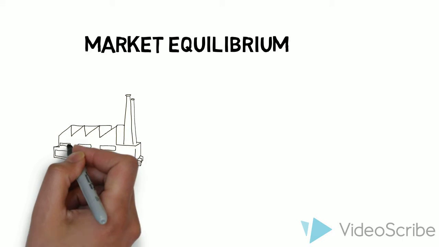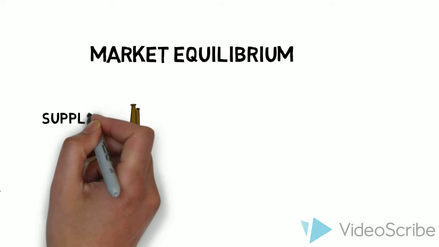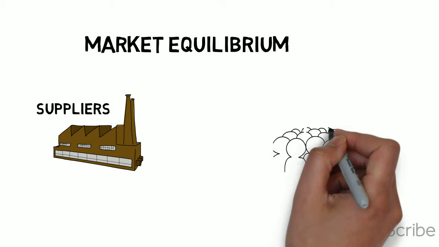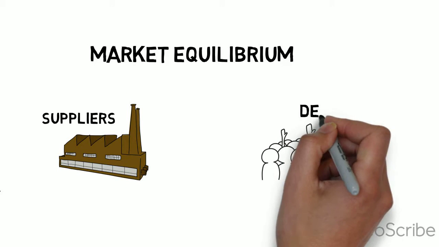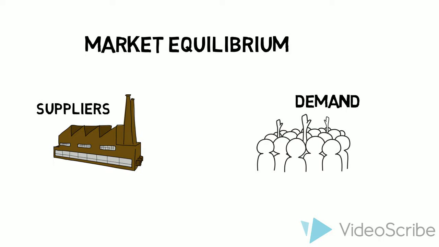The equilibrium price is a price where the intentions of buyers and sellers match. It is the price where quantity demanded equals quantity supplied.